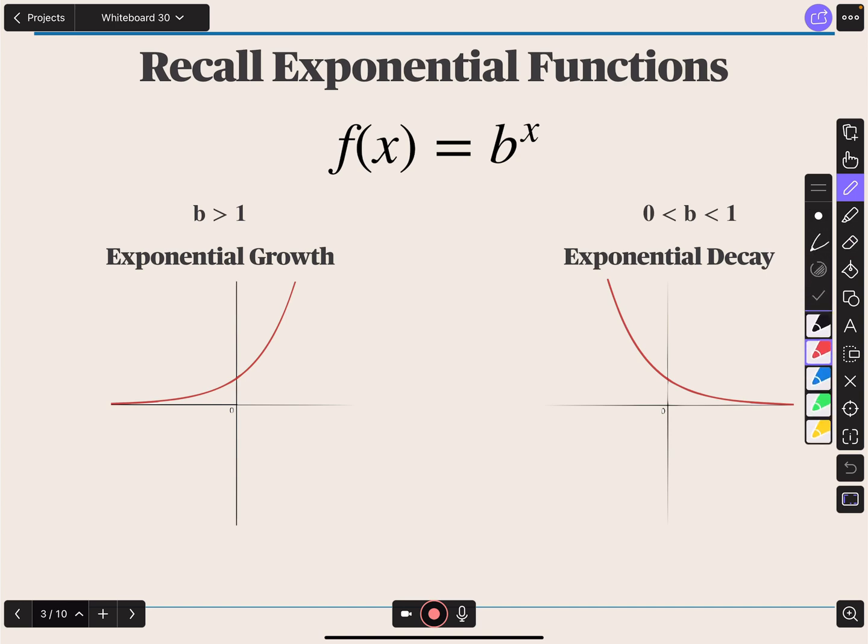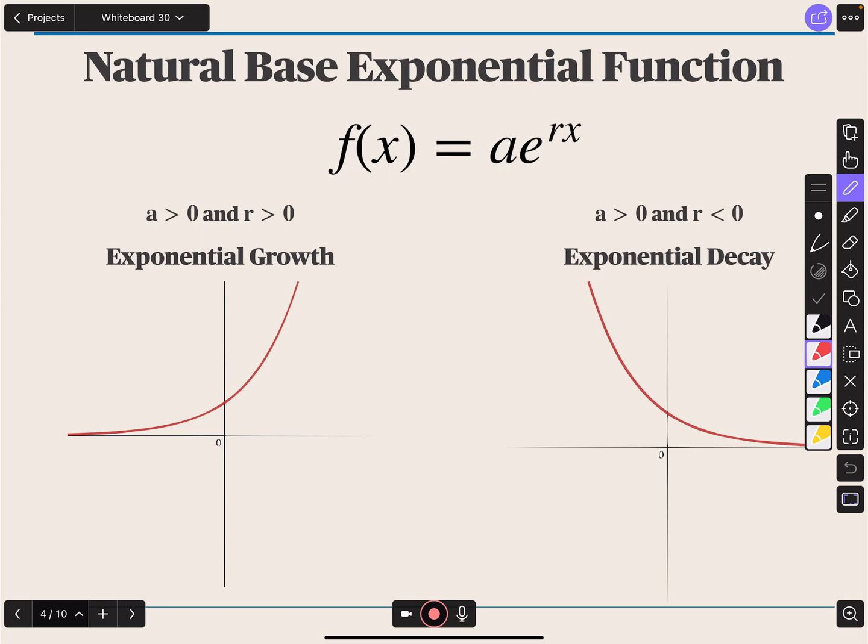Now, it turns out frequently that the base for this function, remember, could be any number greater than 0, but frequently we'll use e as a base, the natural number. So this is the basic form for a natural base exponential function.